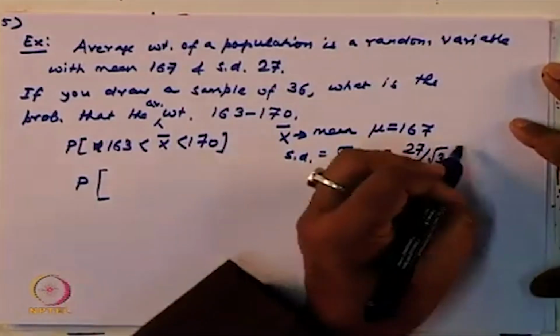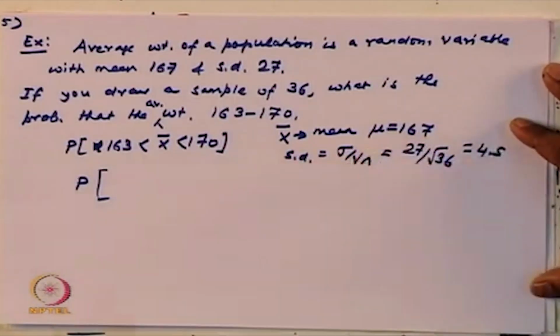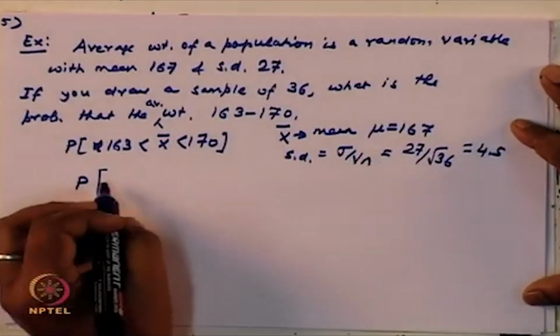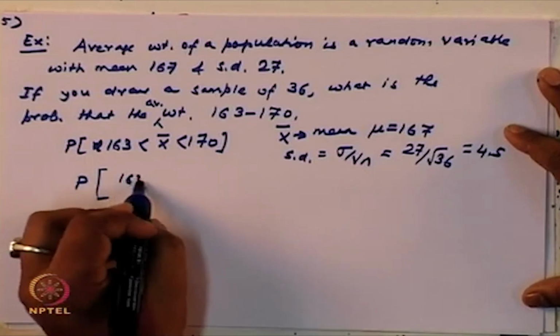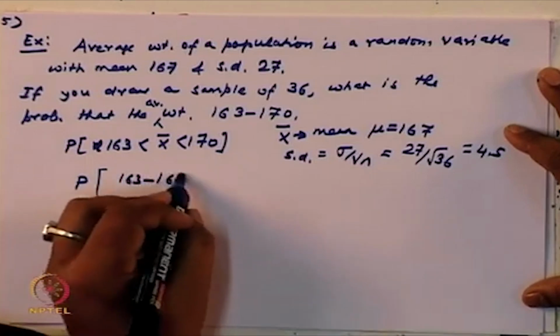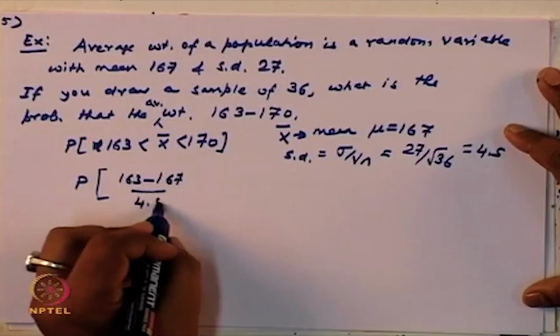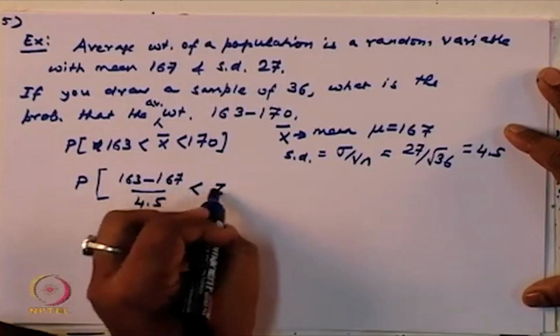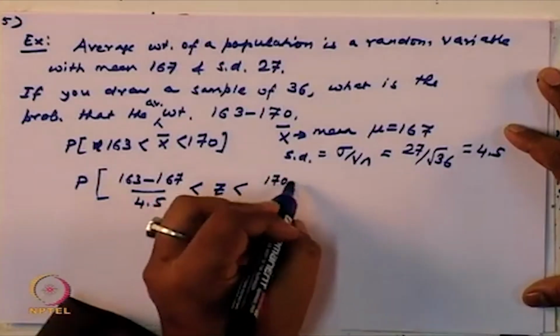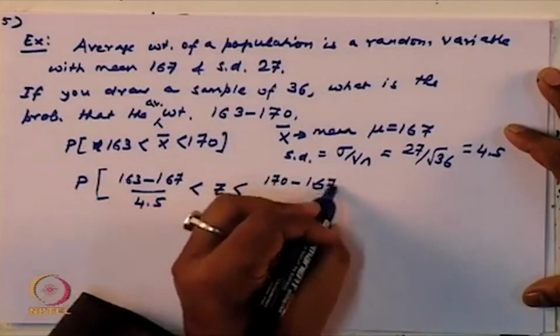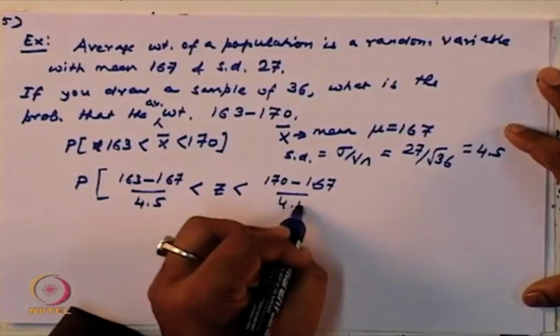This will come to 4.5. So, I can then convert this into a standard normal variable. So, this is nothing but (163 minus mu, which is 167) by 4.5, less than z, your standard normal variable, less than (170 minus 167) by 4.5.